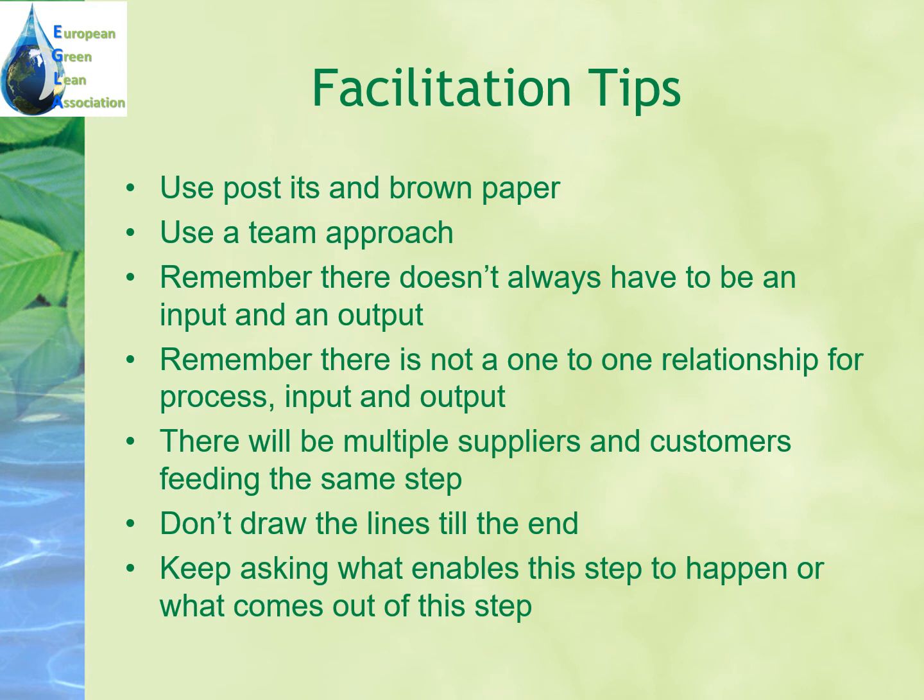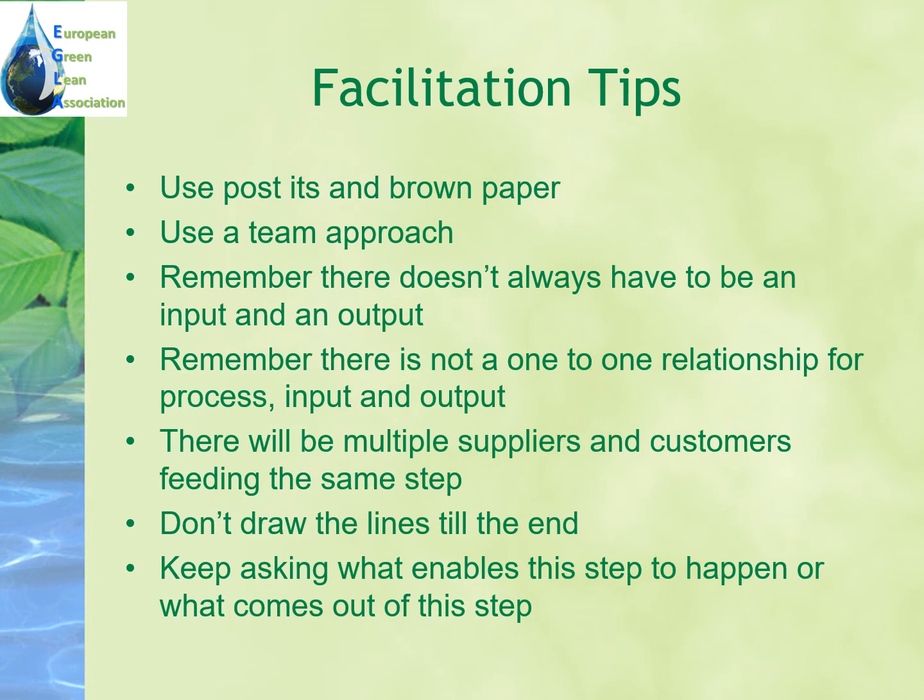Here are some tips to facilitate it. Like said, use post-its and brown paper or white paper. Anyway, some big paper that you can use as a base. Use the team approach. Remember, actually in quite many cases, there might not be an input or an output. And remember, there is not a one-to-one relationship for process input and output.